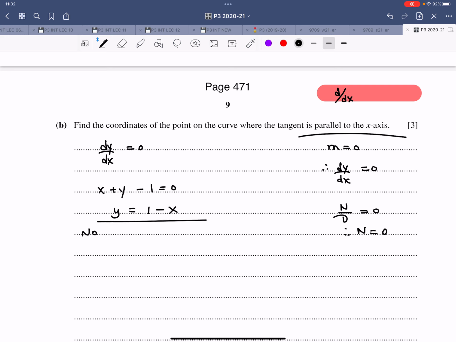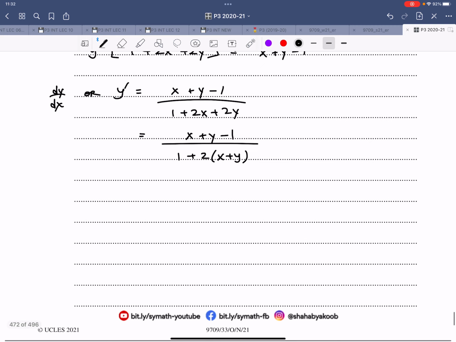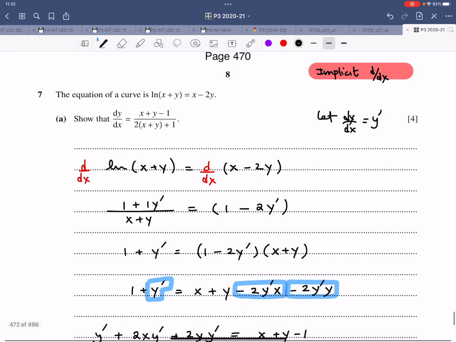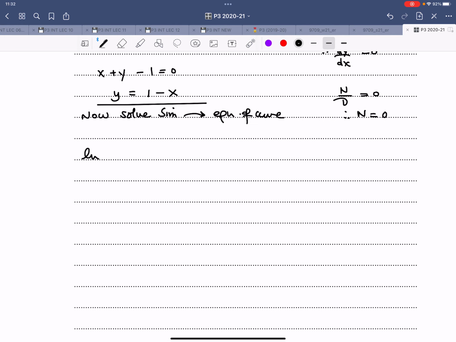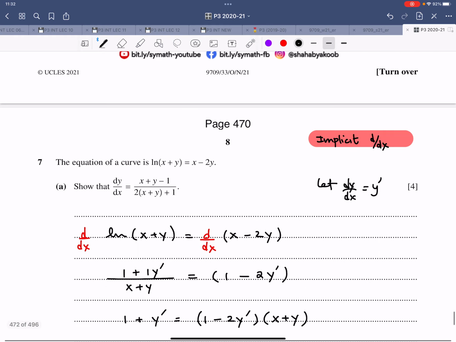Now solve simultaneously with the equation of the curve, because you cannot get anything on its own. So we have this equation, ln bracket x plus y is equal to x minus 2y. Let me double check. So this is x minus 2y, that's perfect.